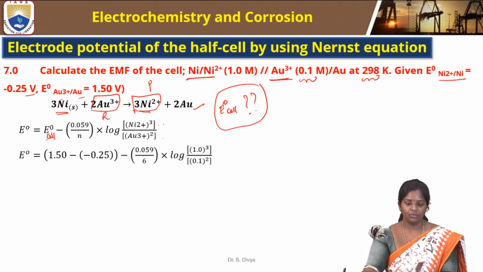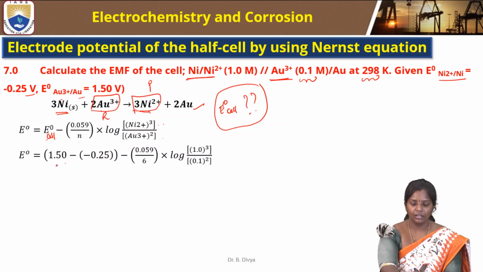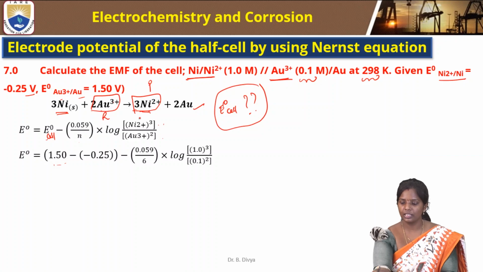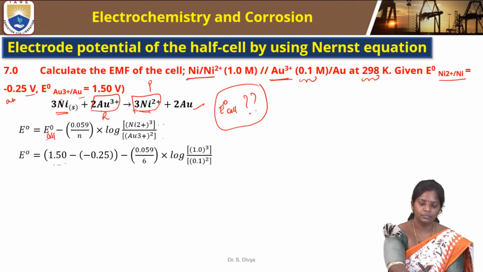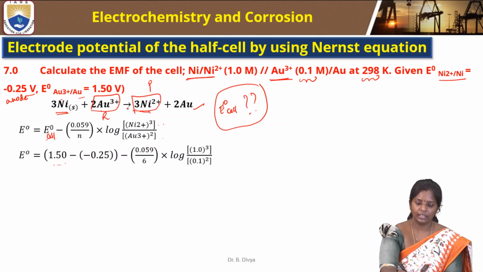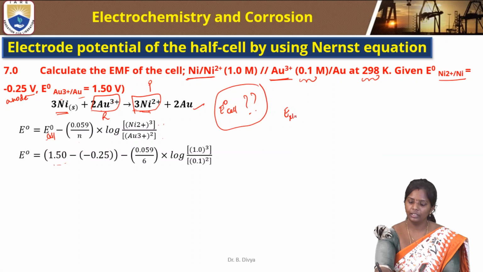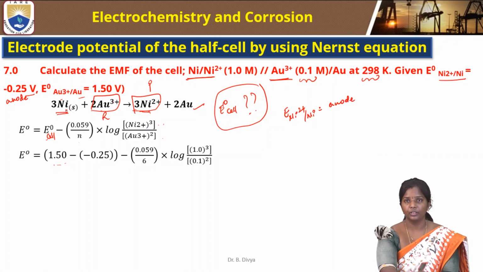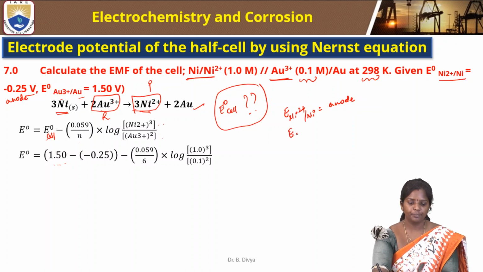Why? Because of anode and cathode. What is happening here is that nickel is oxidizing, so nickel is the anode. Ni to Ni2+, oxidation is taking place at the anode, and Au3+ to Au is the cathode.